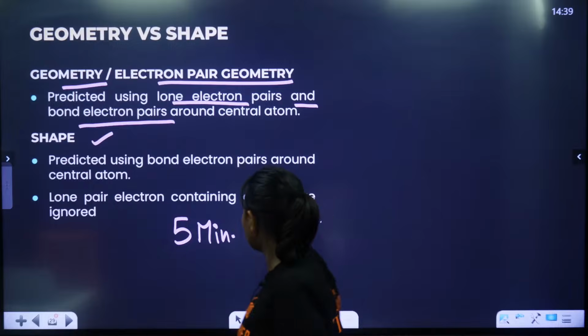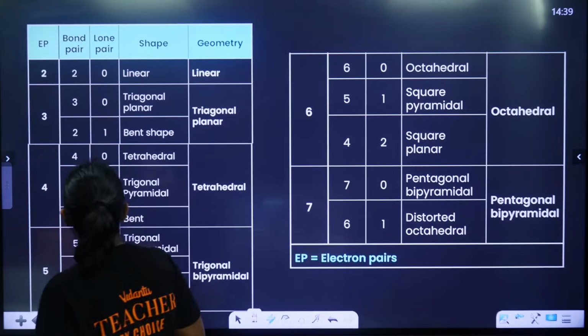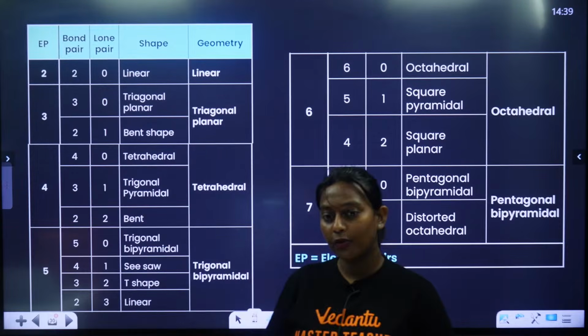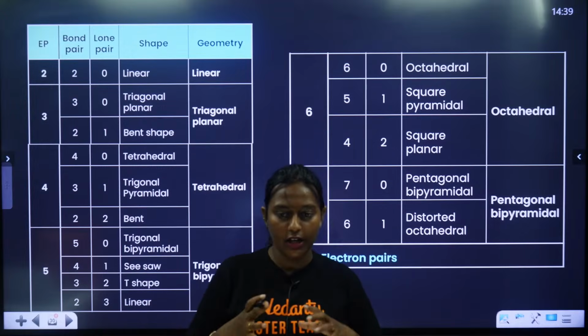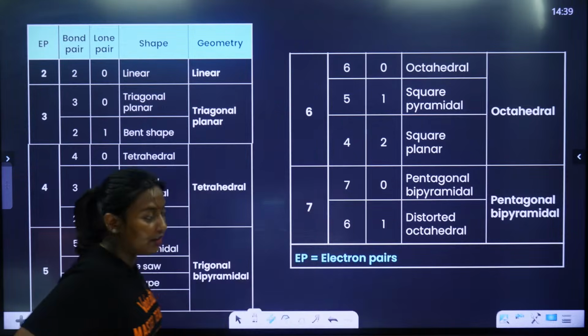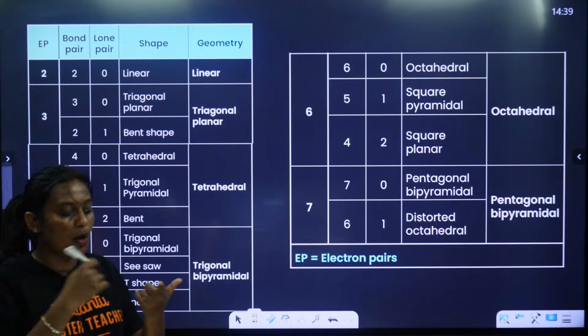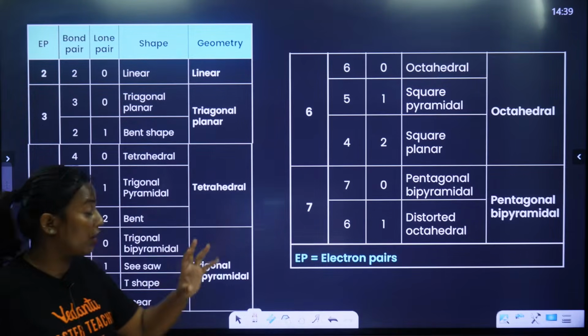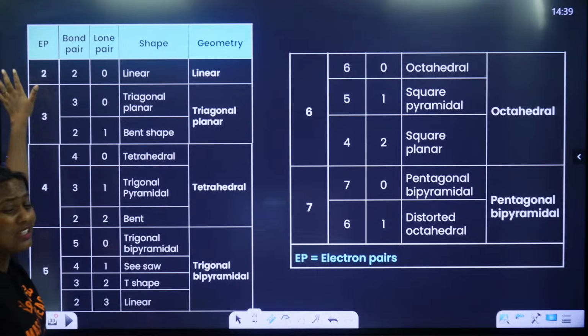Okay, so guys, next is how we will draw the structure. We know that there is a proper structure for a molecule, so how will we draw it? I will tell you the structure, geometry, and shape of a molecule. What is EP?